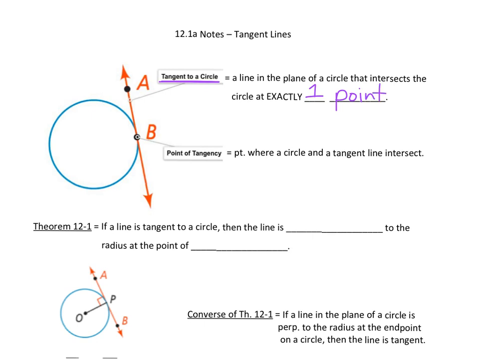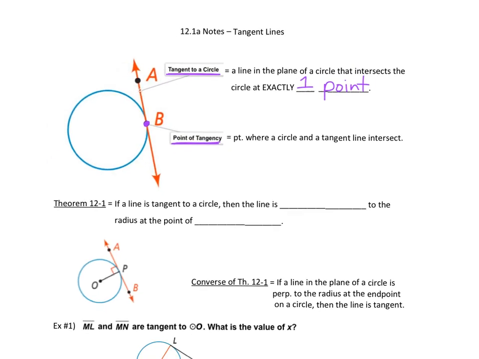Okay, so we would say this red line is tangent because it hits the circle only at that one point. Doesn't cut through in two places, it's exactly one point, okay? The point we call a point of tangency, and that's just the point where it is tangent to the circle, okay? So that's a point of tangency.